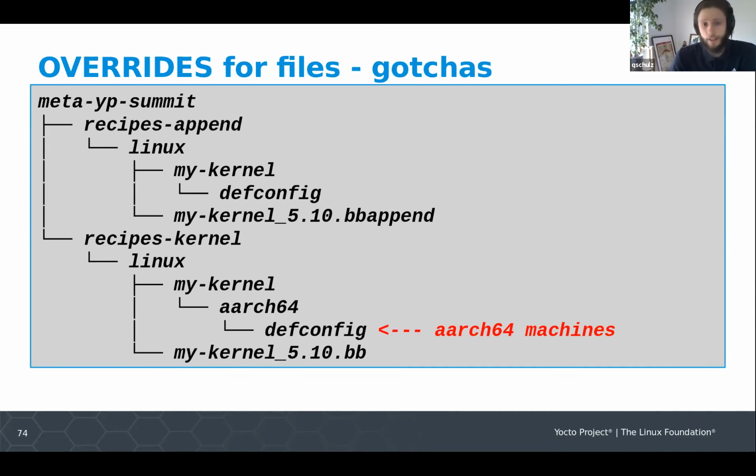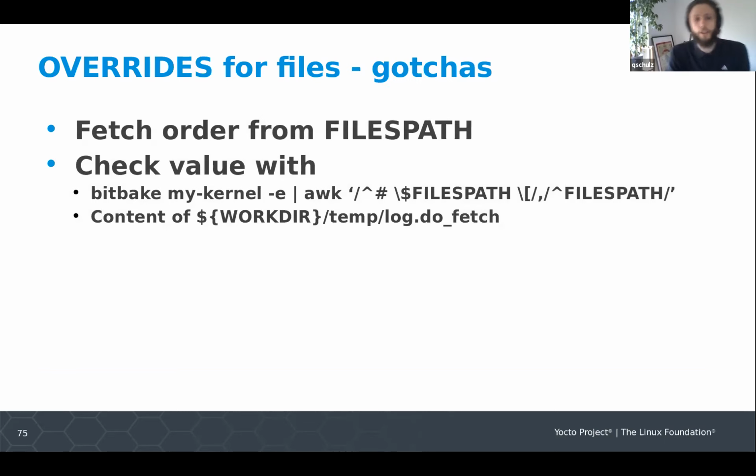And why is that? Because you have a subdirectory which is ARM64, which comes from the FILESOVERRIDES variable. Basically, the fetch order is listed in FILESPATH, and you have to check it in order to know which paths are of higher priority than the one that you currently have in the original recipe. So you can do this by checking the value with bitbake -e, etc., or directly going to the log of the do_fetch task of mykernel.